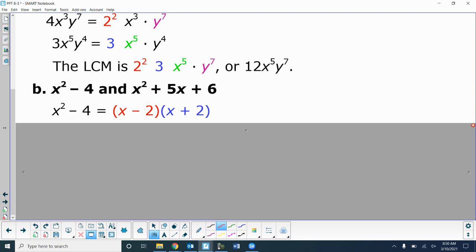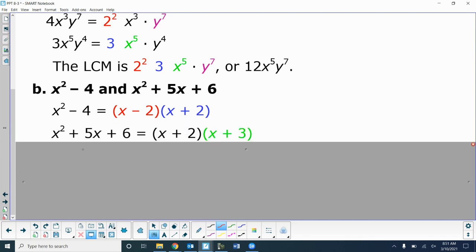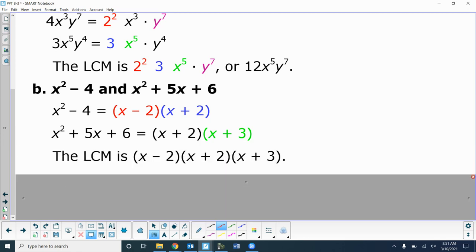What are the factors of positive 6 that add up to positive 5? 2 and 3, right? 2 times 3 is 6, positive, right? X plus 2 showed up twice. Do I have to write it down twice? No. So x minus 2, x plus 2, x plus 3 would be my common denominator.